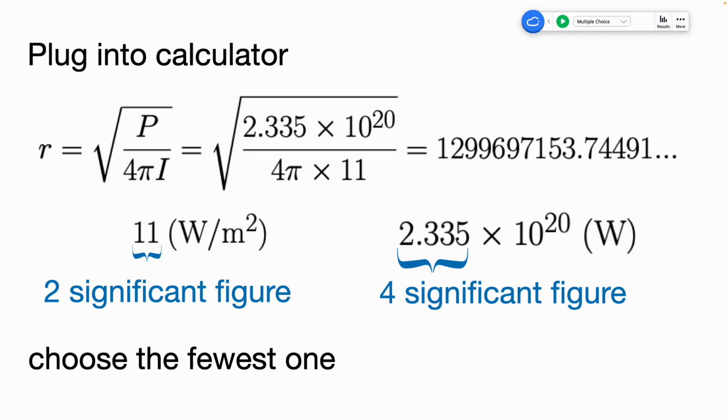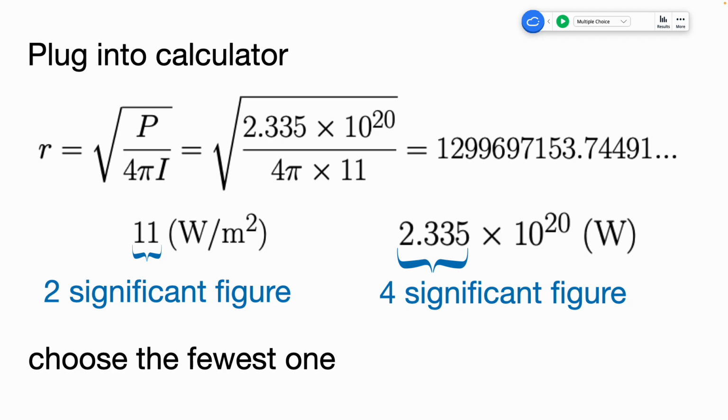Does it really mean that you can predict the distance to that much accuracy? No. Sometimes I see people write down a whole bunch of numbers, and I was like, what are you doing? So in this class, I'll just give you a simple rule. In the question, you see power 11 watt per meter square.